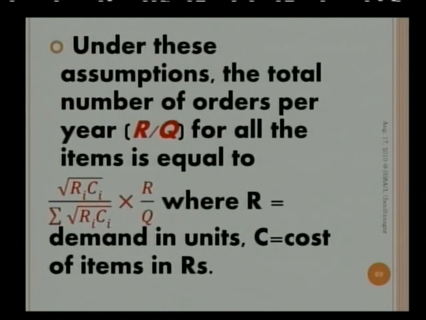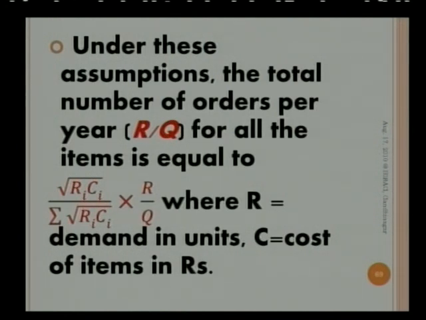In this case, the total number of orders per year, as we had in the last lecture, is given by R by Q, whatever the demand and whatever the procurement. If you have a demand of 1000 units and in each lot you are procuring 100 units, that means you have a total number of orders of 10 in the given cycle time.